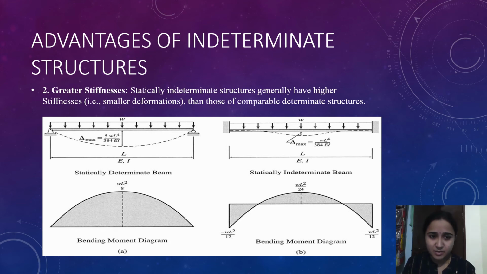And in the case of the fixed beam, the maximum deflection is WL raised to 4 upon 384 EI, which is less as compared to the determinate structure. So that's why there are smaller deflections in indeterminate structures.